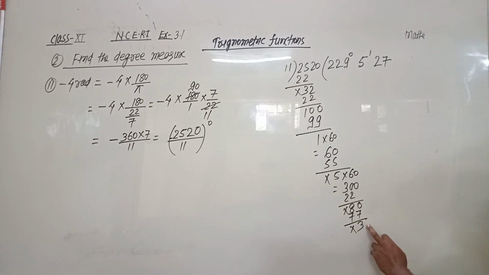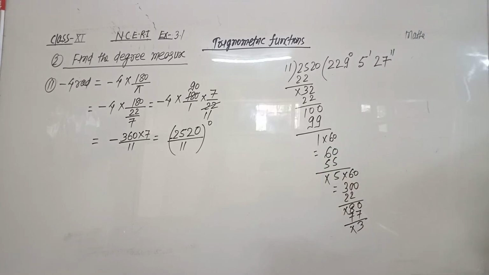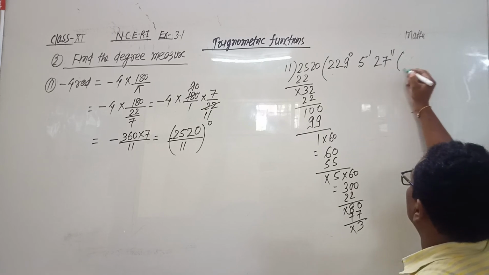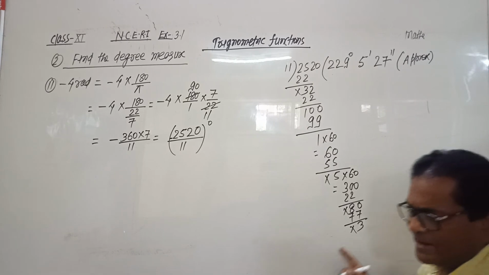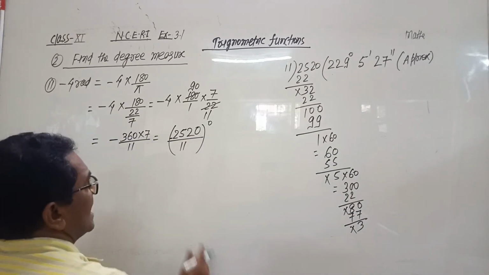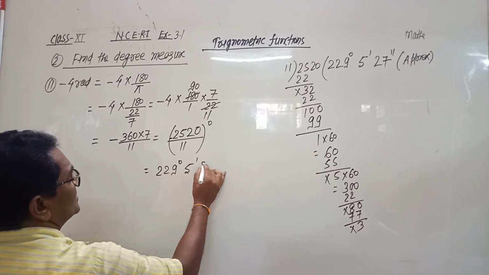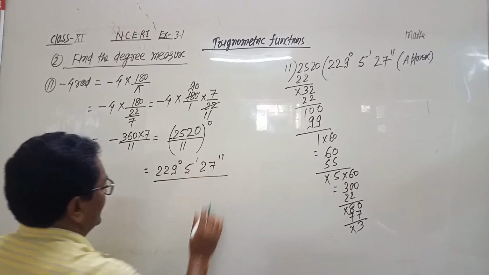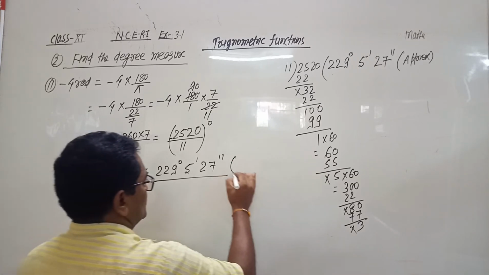Now if the remainder comes again, then we will not divide now and we will write the result: 229 degree 5 minutes and 27 seconds approx, because the remainder remains.